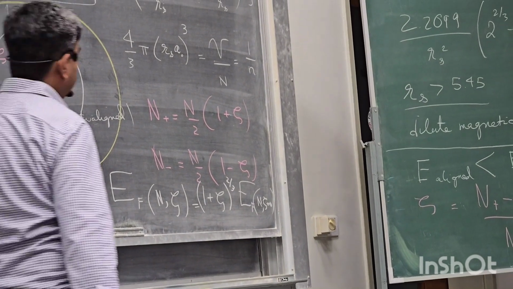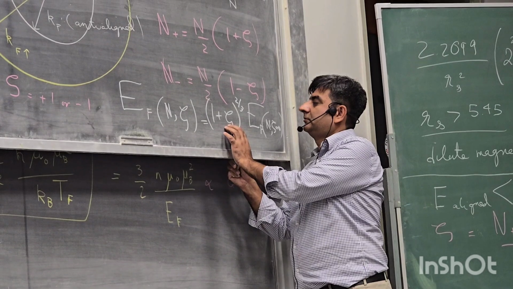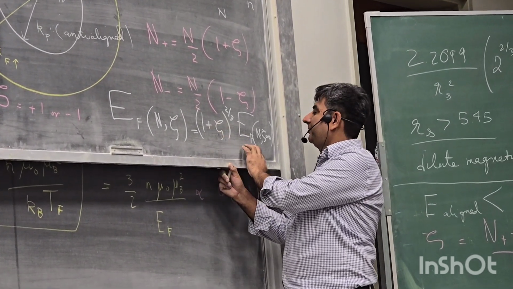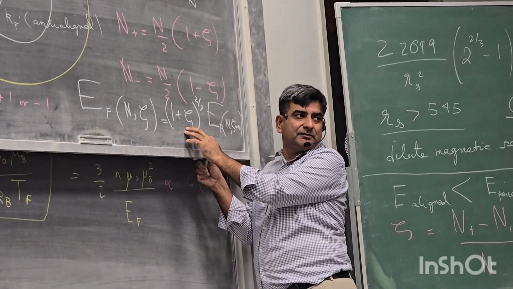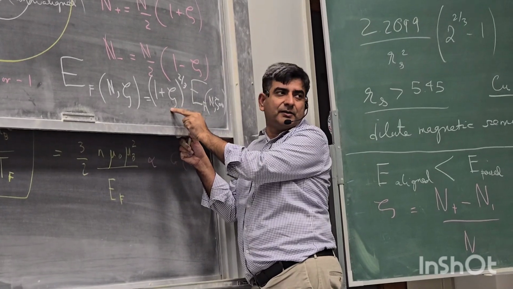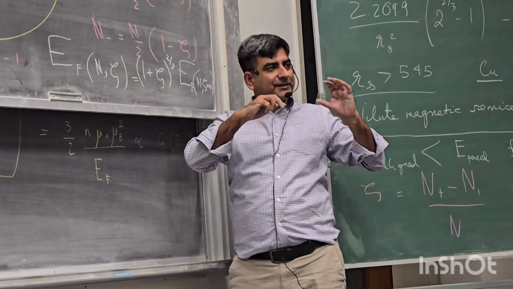So when zeta is 0, it is an unpolarized system, right? So you just have the Fermi energy. Zeta is 1, fully polarized, you have 2 raised to 2 by 3. In between you have something else, right? So do this as a homework problem.